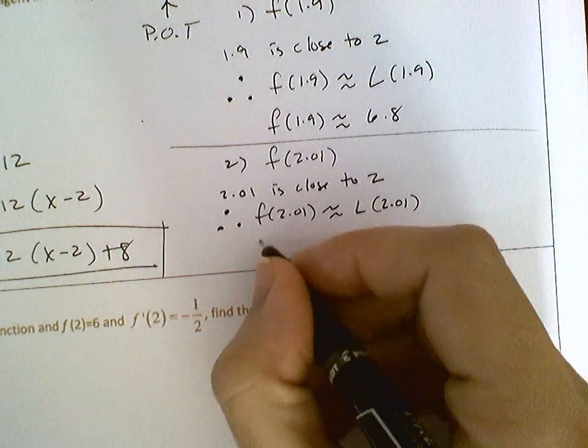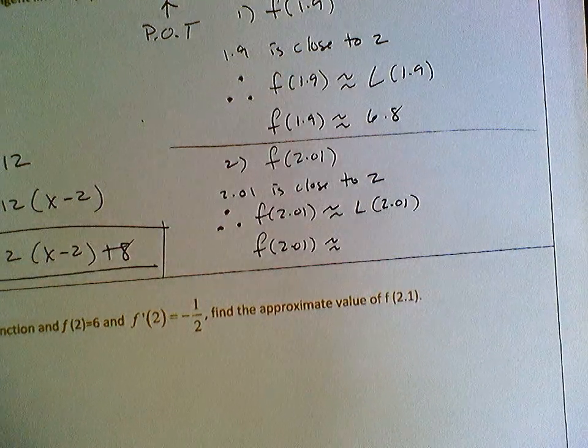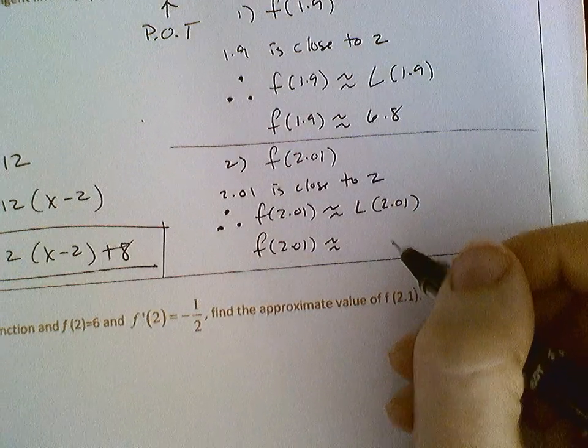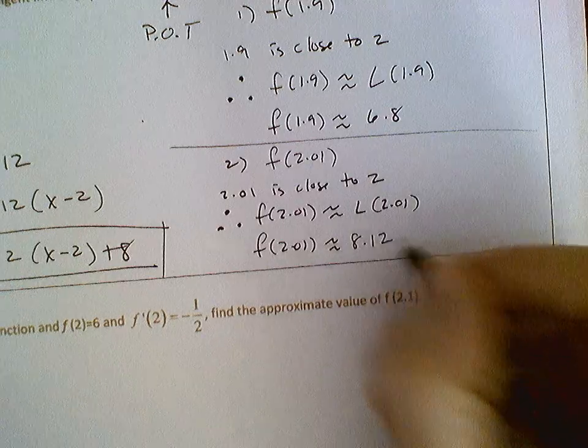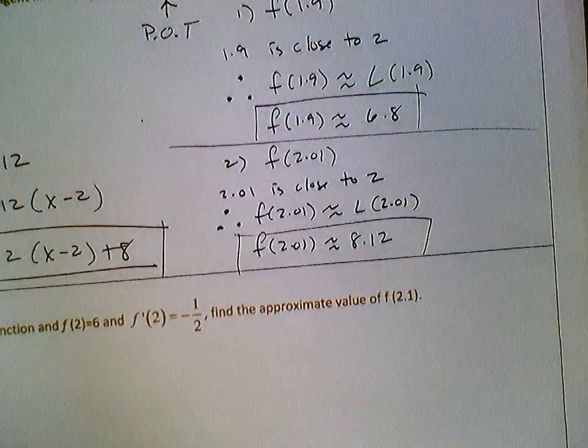So, and then down here I'll say f of 2.01 is approximately, I got this earlier, 8.12. And I don't know, maybe box those up because that's like what we're finding.